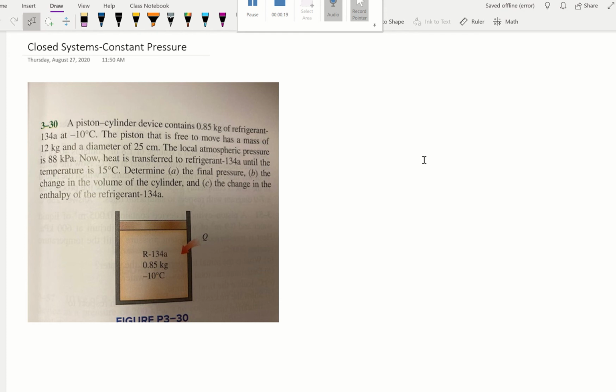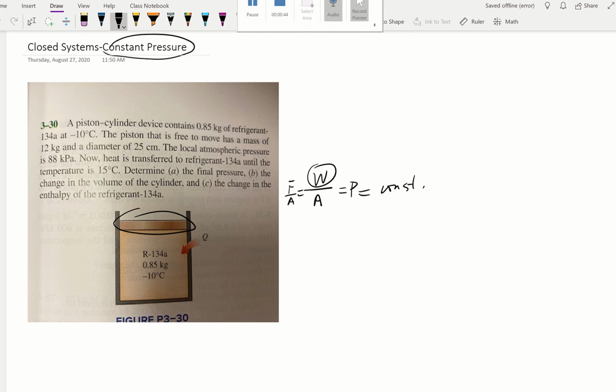For this piston cylinder, since the mass of the piston stays constant, the pressure inside, the weight of the piston divided by area, is basically force over area. That's going to be pressure. Since this weight stays constant, this pressure is constant. So this is a constant pressure problem: P1 is equal to P2, equal to constant.